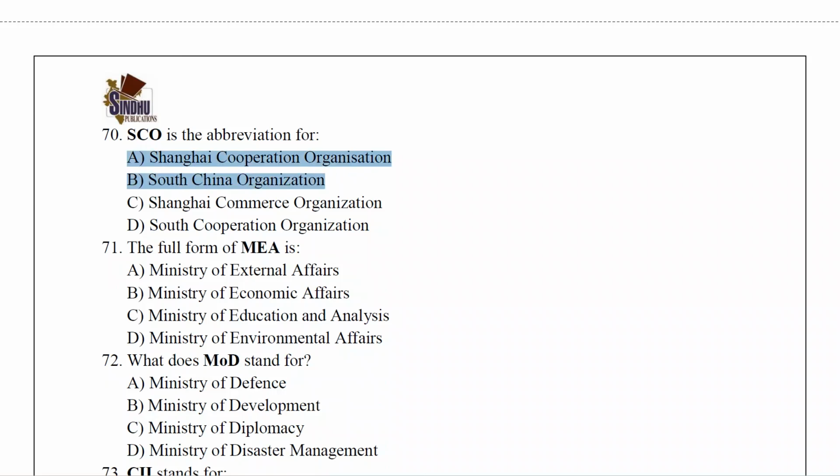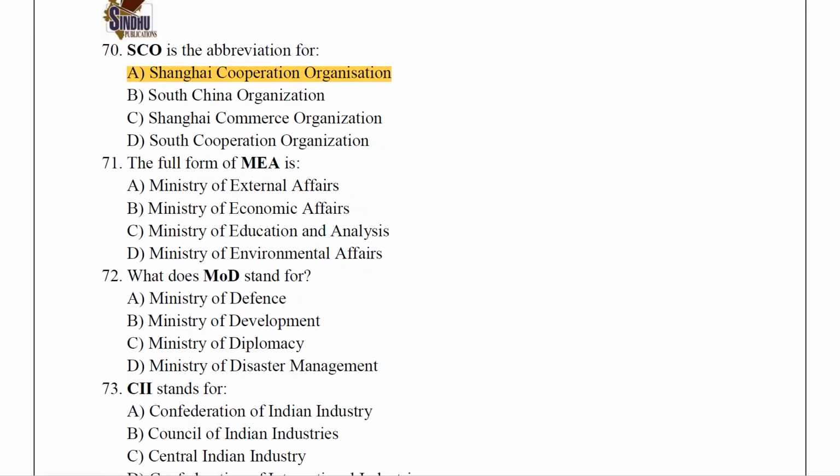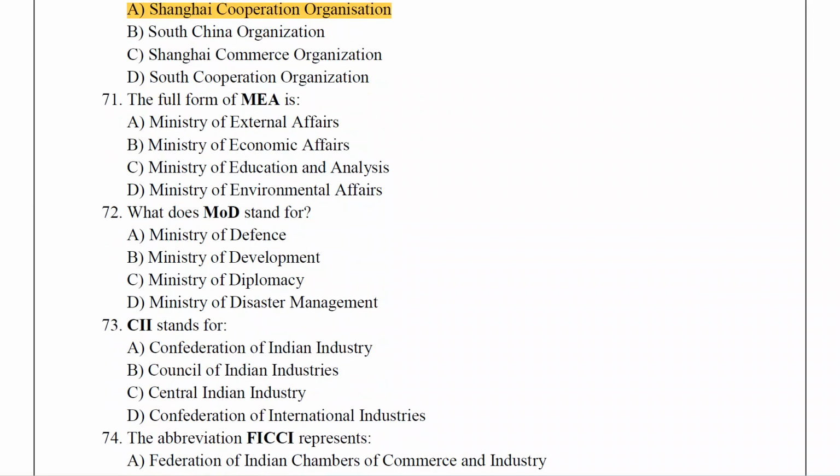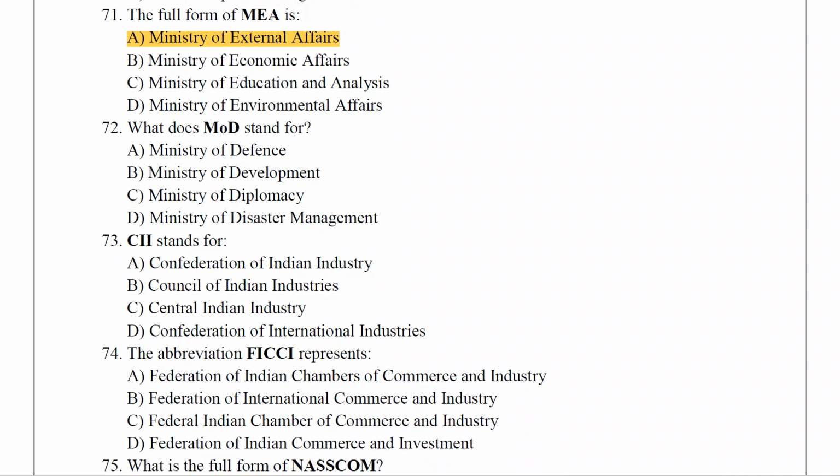The full form of MEA is Ministry of External Affairs. What does MOD stand for? Ministry of Defense.